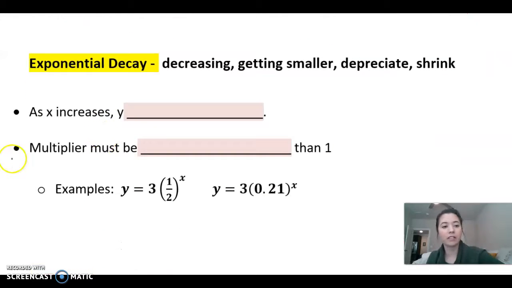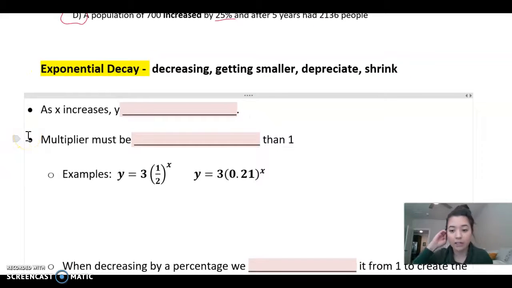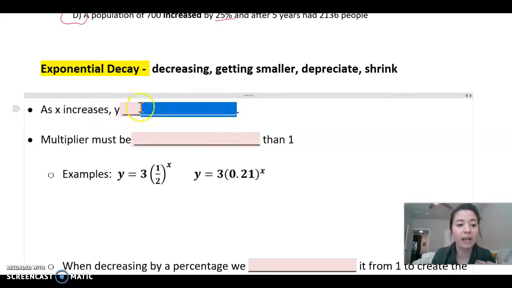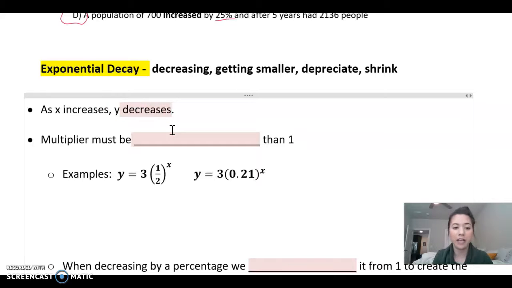Now today is all about exponential decay. So when I tell you something is decreasing, getting smaller, another word that you'll see quite often is depreciate. And again, that just means it's losing value over time. So for exponential decay, as x increases, my y is decreasing.